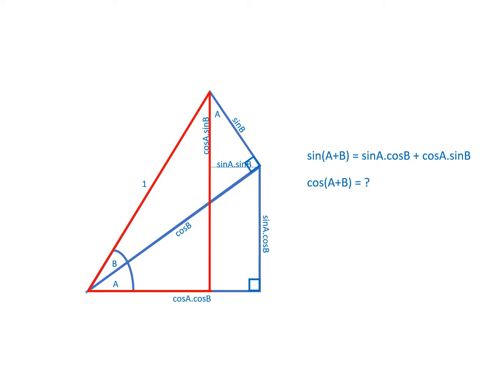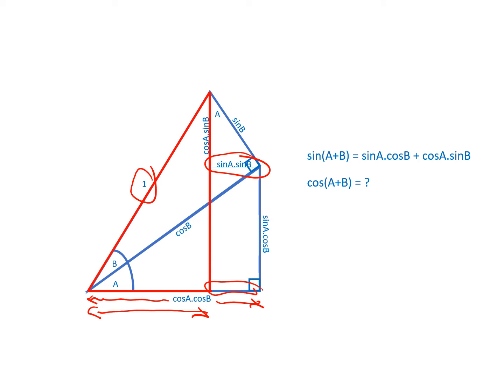So what about cos of A plus B now? That is the length of this side divided by 1. Well, the length of that side, cos A cos B, is the length of that there. And we have to subtract from that this, which is the same as that.